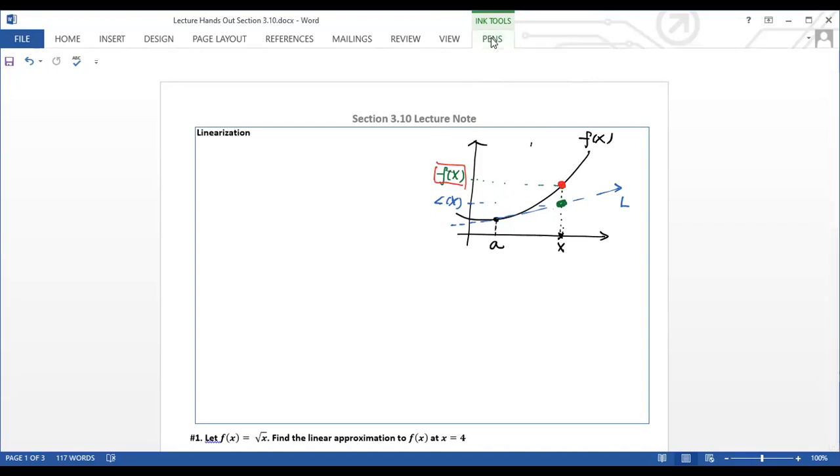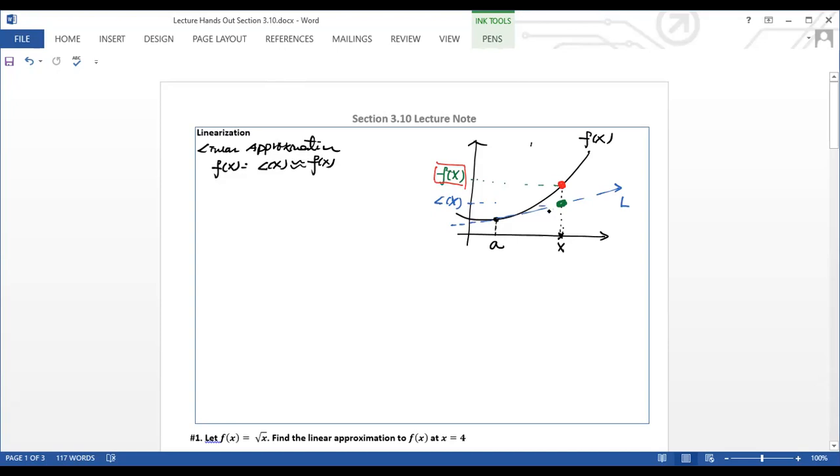So that's what we call a linear approximation. It means I can find L of x, which is going to be very close to f of x.